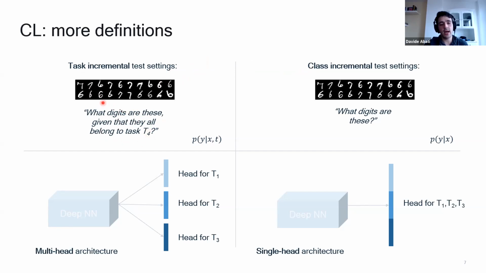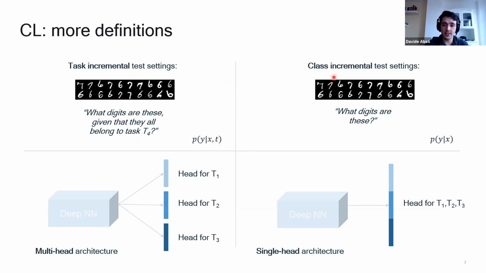So in this example, I will provide the model with digits, and I will also tell the model that these digits were observed in task 4. That narrows it down to either being a 6 or a 7. It can be a 2 or a 3. This is the easiest setting of the two, and it's equivalent to building an estimator for the conditional probability of y, the classes, given x, the example, and an auxiliary variable, which is the task t.